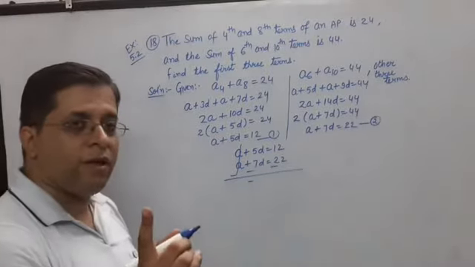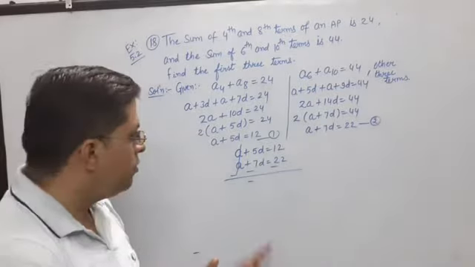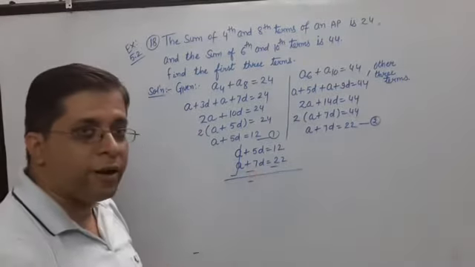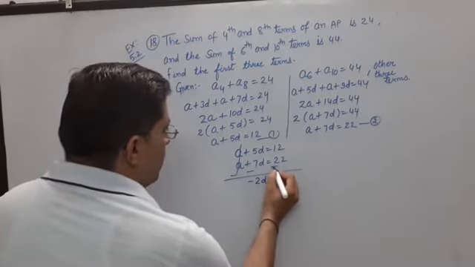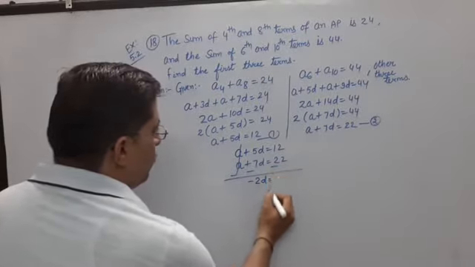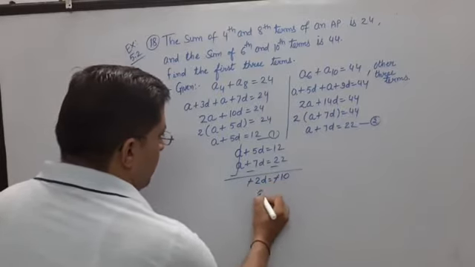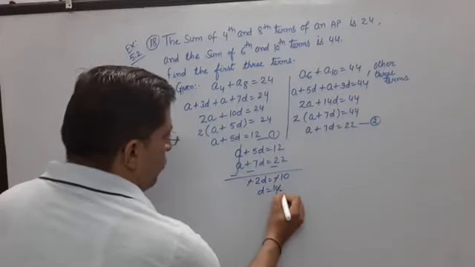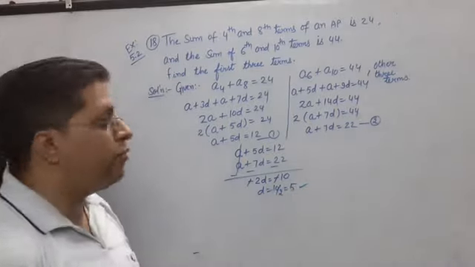Always take the greater number's sign, always respect your elders. This is minus 2D, and minus 22 plus 12 is minus 10. D is equal to 10 upon 2, this is 5. D is 5.